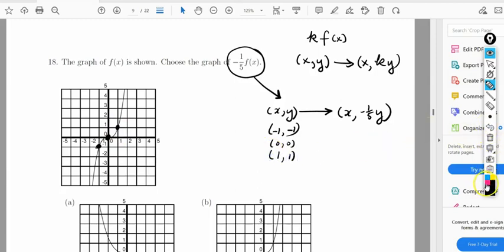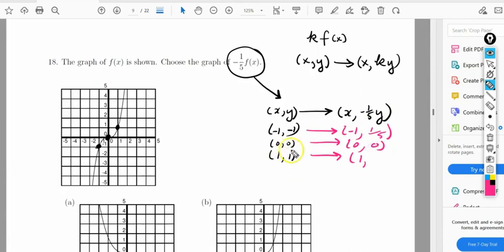So they'll have new points. The x coordinates stay the same. The x coordinates are unchanged. But I'll have a new y coordinate. So -1/5 times -1 is +1/5. -1/5 times 0 is still 0.